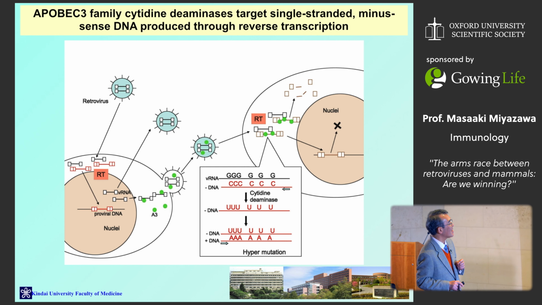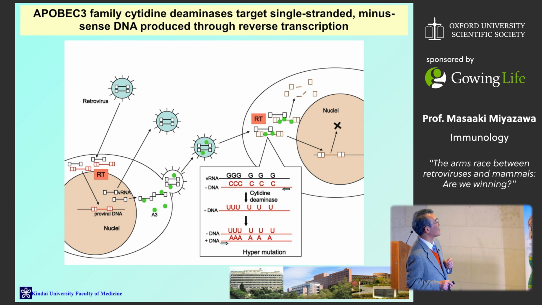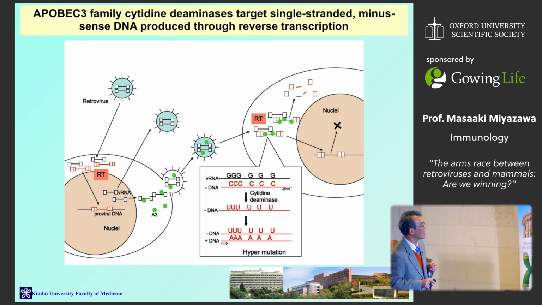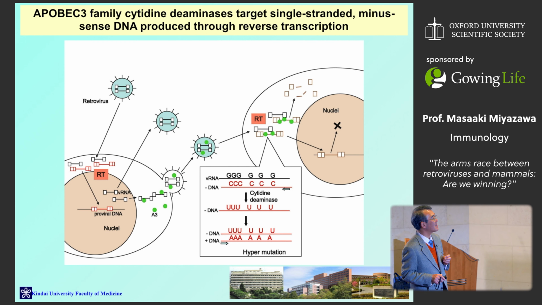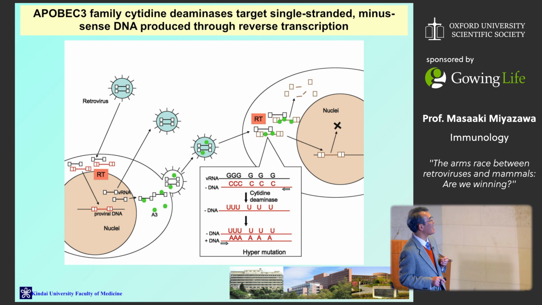And at the same time, if this C to U substitution is not removed by the DNA deglycosylase, it is utilized as the template to produce the positive strand. And U is hybridizing with A, meaning that the positive strand DNA will contain A instead of the original G. So there's a G to A hypermutation occurring in the positive strand viral DNA.